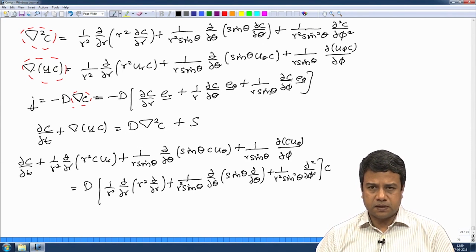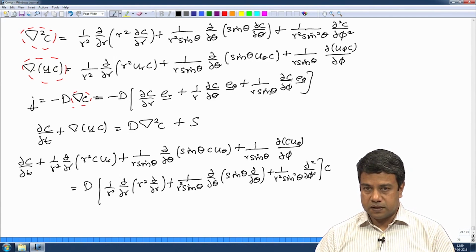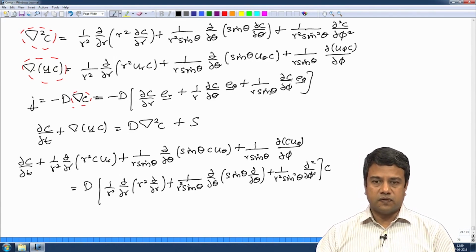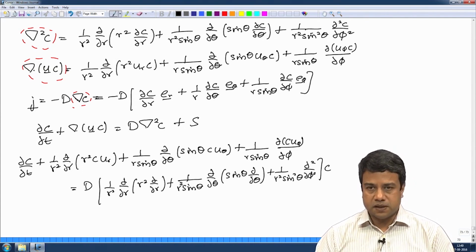Seems a little complicated, but the procedure for deriving this is exactly the same as a Cartesian coordinate system. You have to identify the three coordinates, the surfaces of constant coordinate, and the distances moved along the three directions when these coordinates are incremented by a small amount.